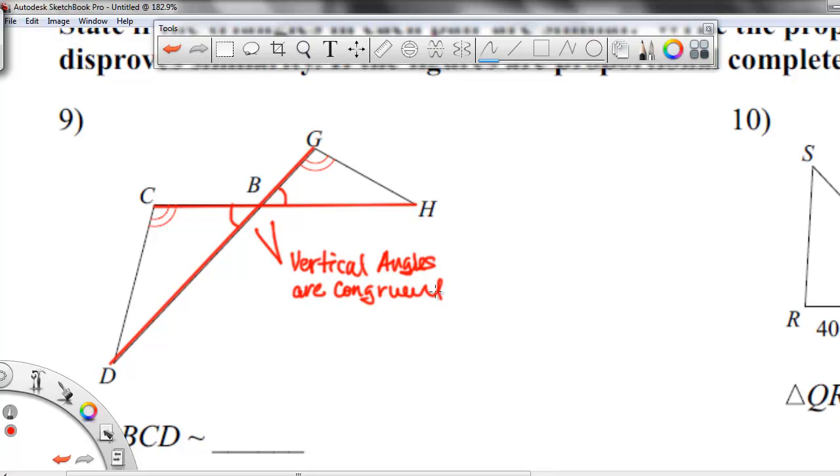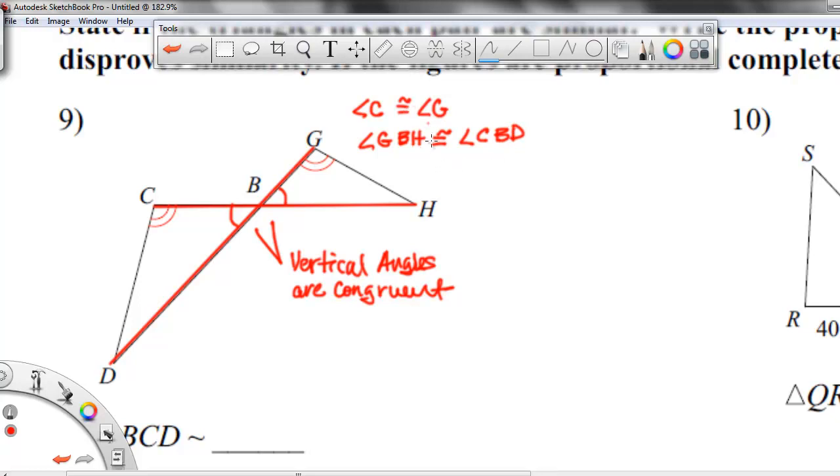And label the angles. So we can see that angle C is congruent to angle D. You can see these marks here that shows us that. And then we see that angle GBH is congruent to angle CBD.